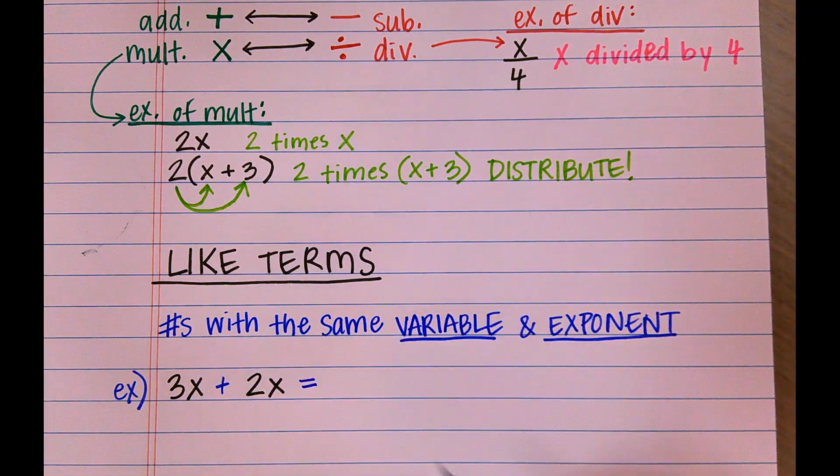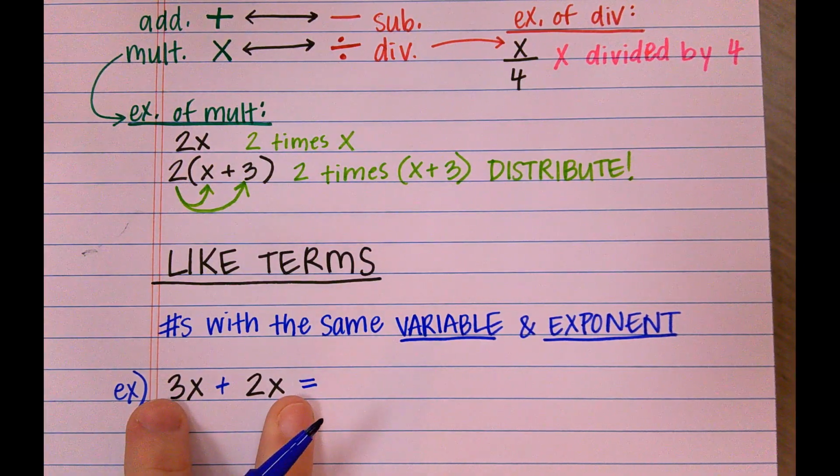Question: if one of your variables is negative and one is positive, then they're not like terms? Do you mean like if it was negative 3x and positive 2x? Good question. We are not worried about the base numbers being the same.